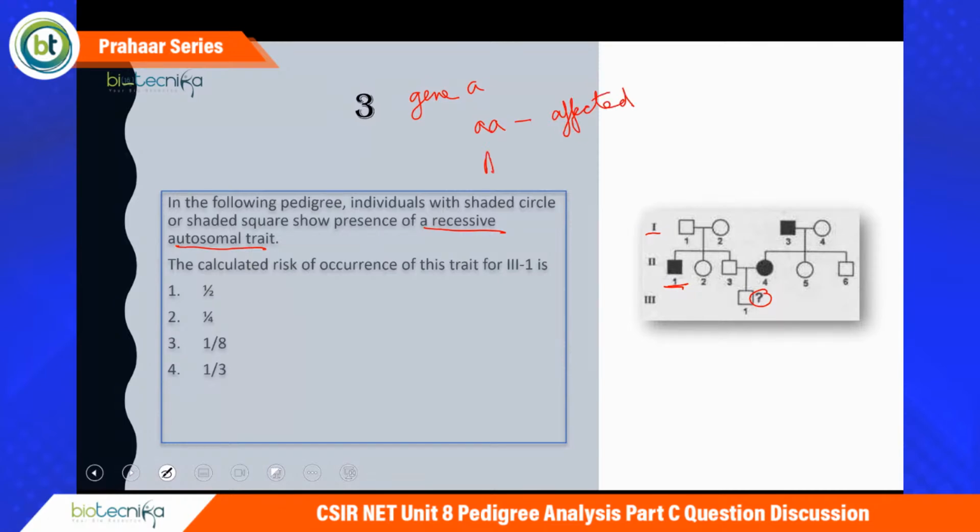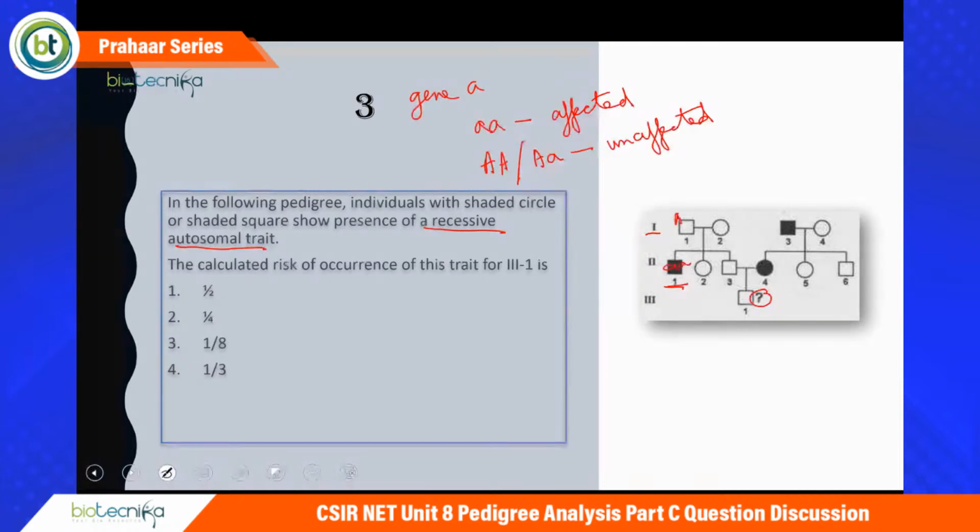Anybody who is homozygous dominant or heterozygote will be unaffected. All right. So if this individual is affected, his genotype is small a, small a. That means both of his parents have to be heterozygote. So I found out the genotype.